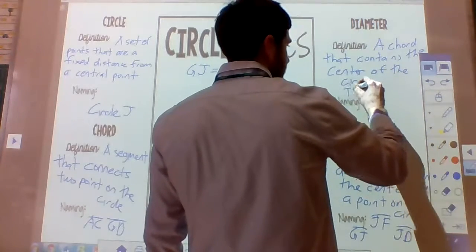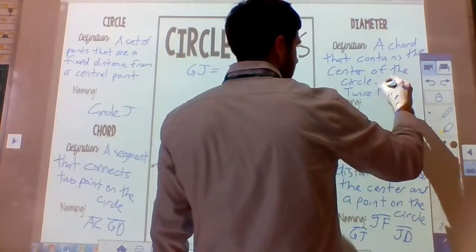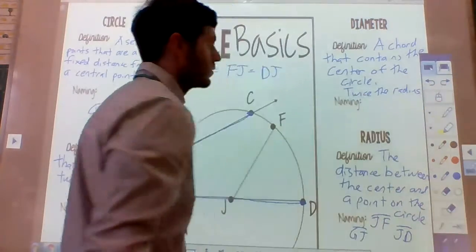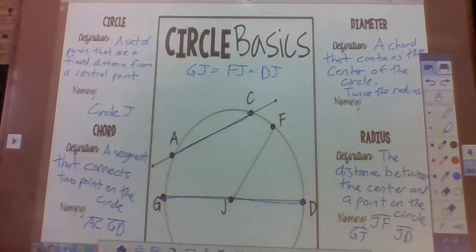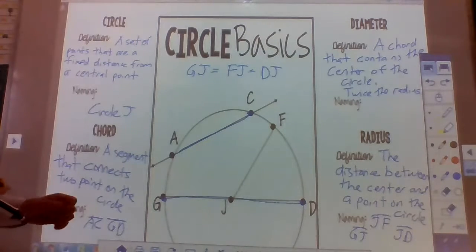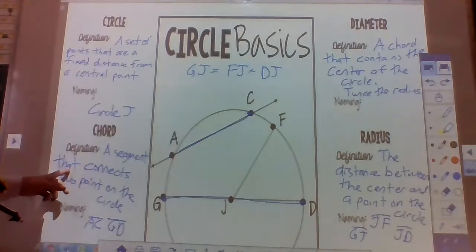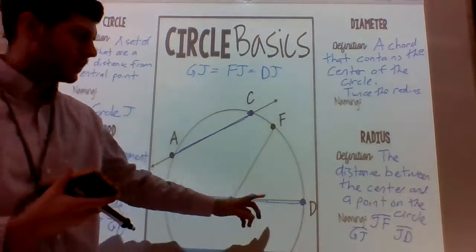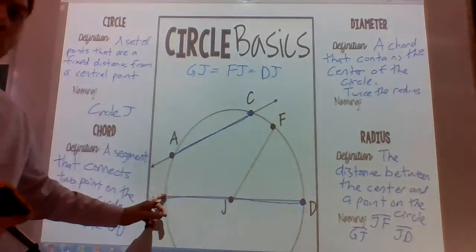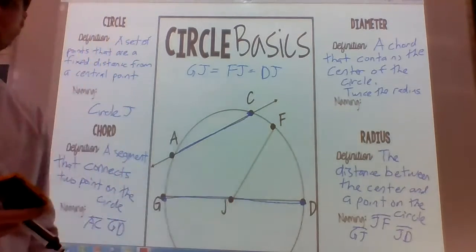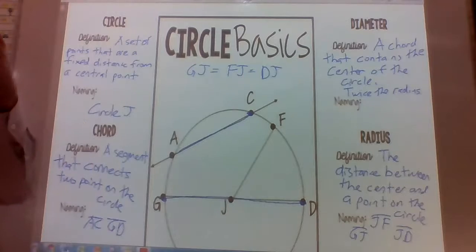It's twice the radius. So a chord is a segment that connects two points on the circle, and if that chord contains the center of the circle, then that is a diameter.